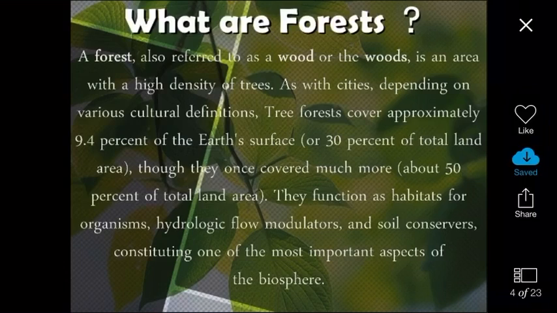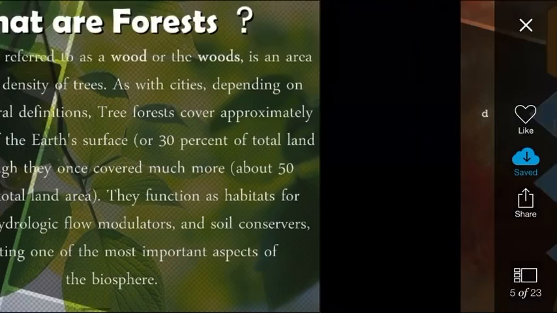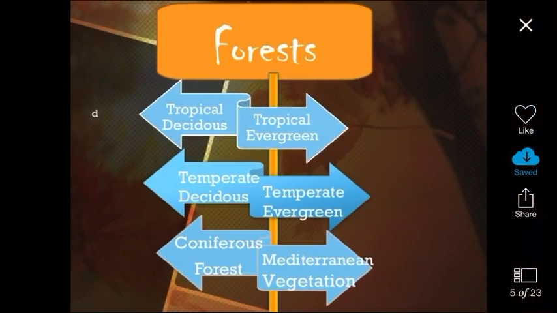Forests normally grow in those regions which have hot and humid climate. Forests have been further categorized into tropical deciduous, tropical evergreen, temperate deciduous, temperate evergreen, coniferous forests, and Mediterranean vegetation. We are going to study all of them in detail.